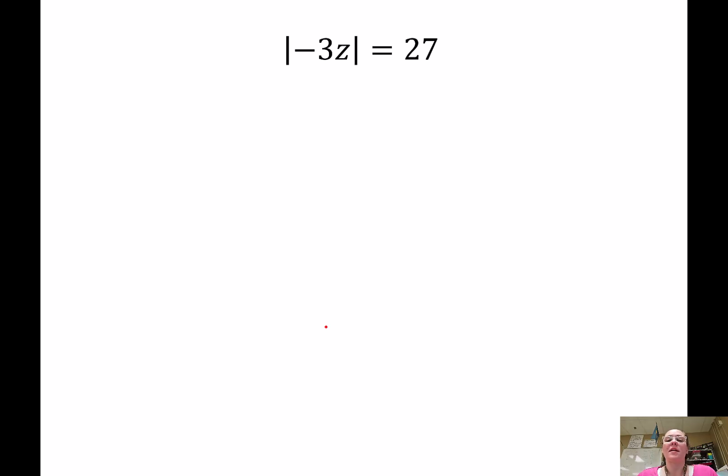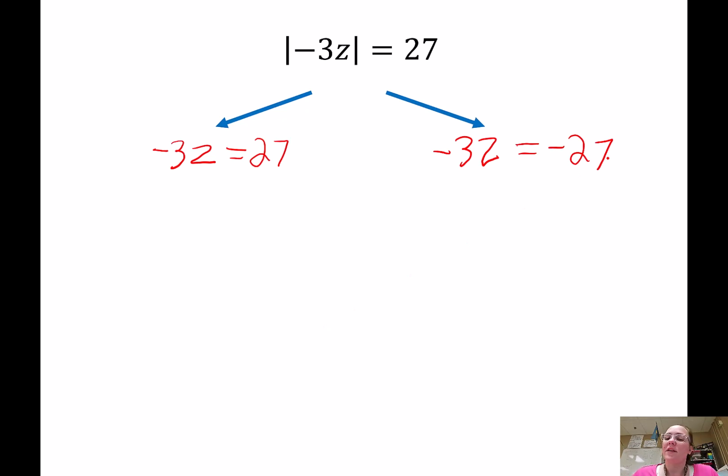All right, I've got the absolute value of negative 3z is equal to 27. So again, first thing I do is set up the two equations. All right, so I get negative 3z equals 27 and negative 3z equals negative 27. So first thing I'm going to do is divide by negative 3, and I get z is equal to, well, 27 divided by negative 3 is negative 9.